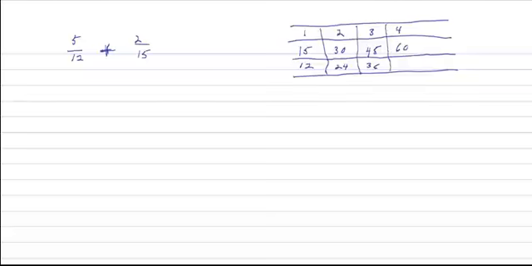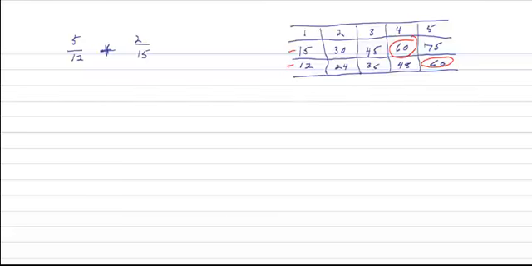And we get 60 and 48. And now we're going to multiply them by 5. And we get 75 and we get 60. And we keep doing that until we find numbers that match. We found a match. That's the smallest number that both 12 and 15 divide evenly into.